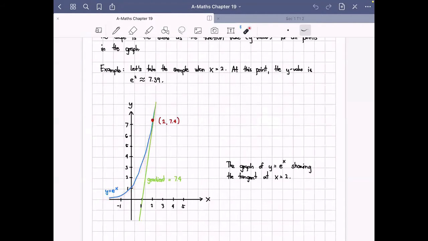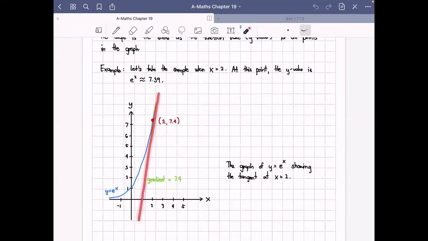Now, notice this point here. If you want to know the gradient of this curve, basically we need to choose one point, and then find the gradient of the curve using that point. So we have a tangent here, which is your green line, or this straight line.